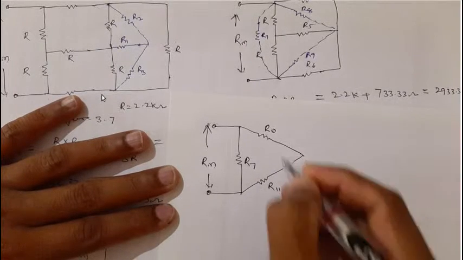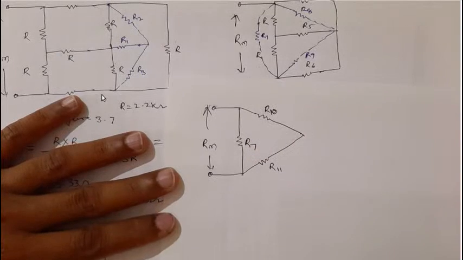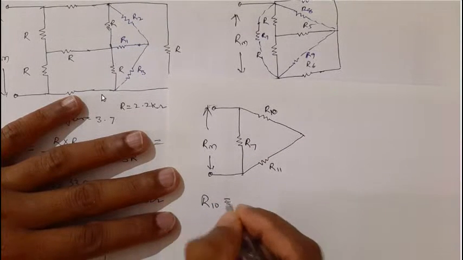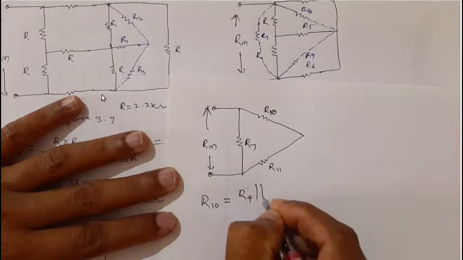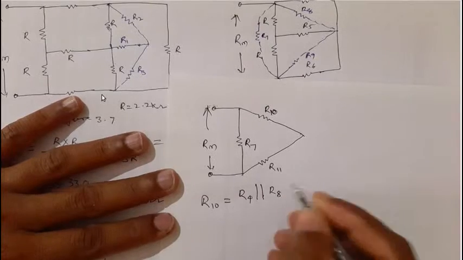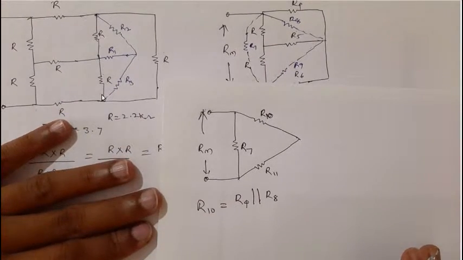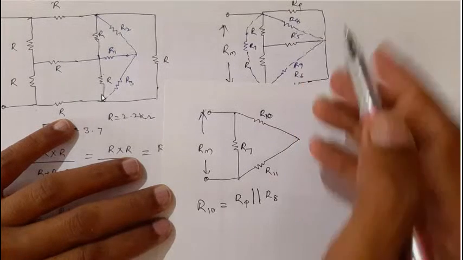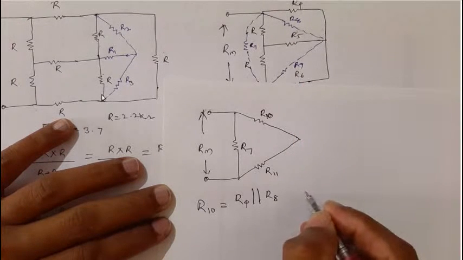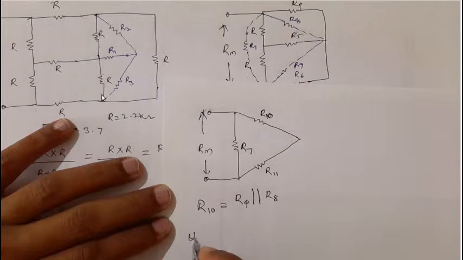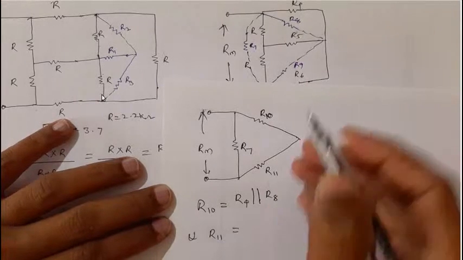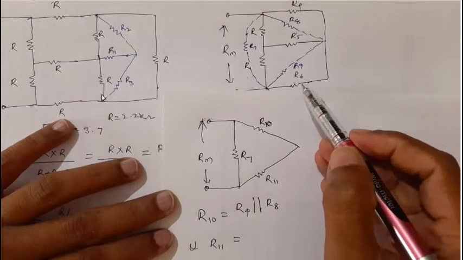R10 is R4 parallel with R8, and R11 is R6 parallel with R9.